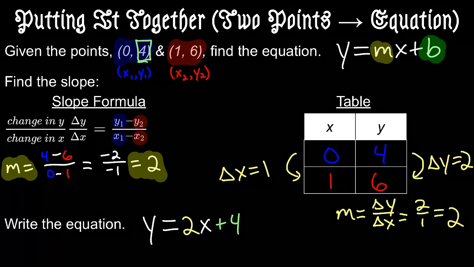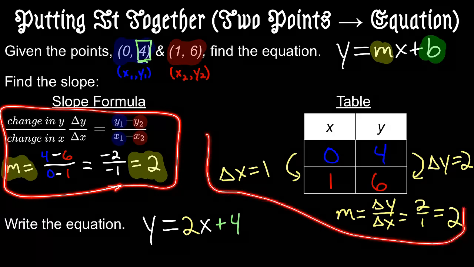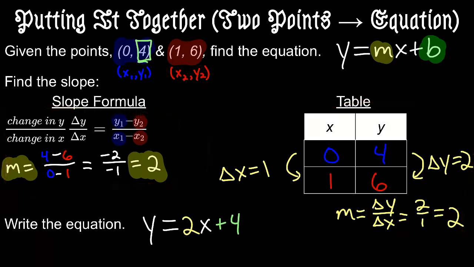So you'll notice that whether we use the slope formula to calculate our slope or the table to calculate our slope, we get a slope of 2, which is what goes right here in the equation. All right, so you can use either method for now.